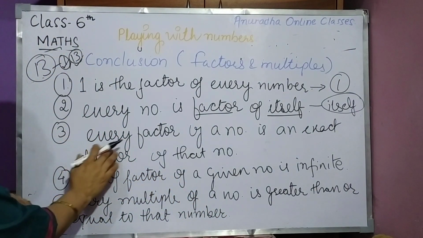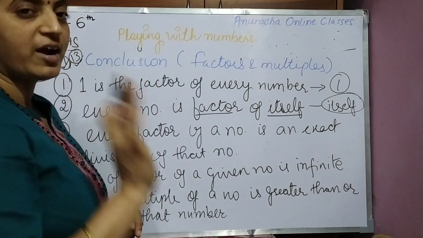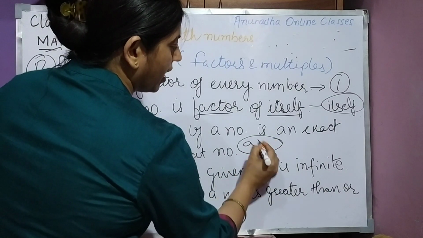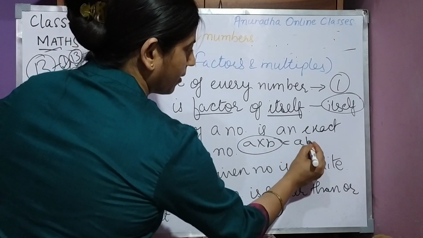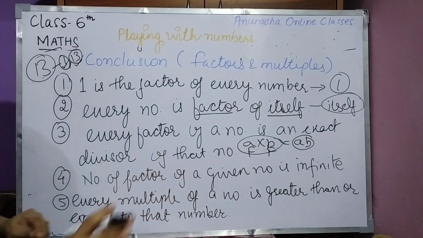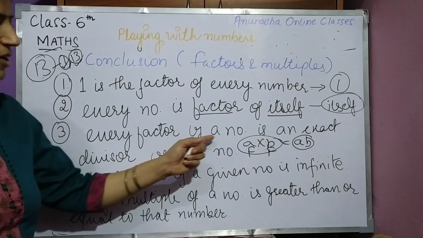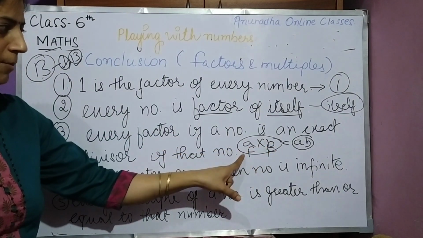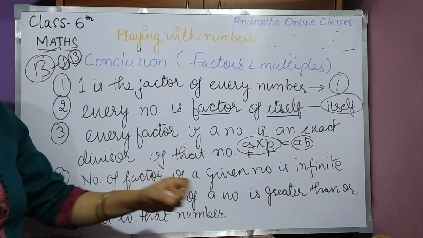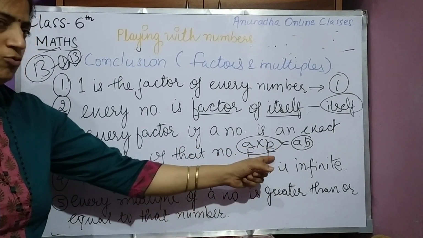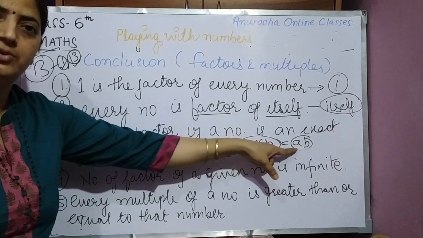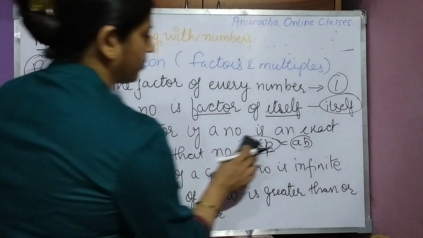Third, every factor of a number. Factor of a number means like A into B is equal to AB. AB is the product and A and B are the factors, right? So every factor of a number is an exact divisor of that number. These two will divide this number. Let us take an example.